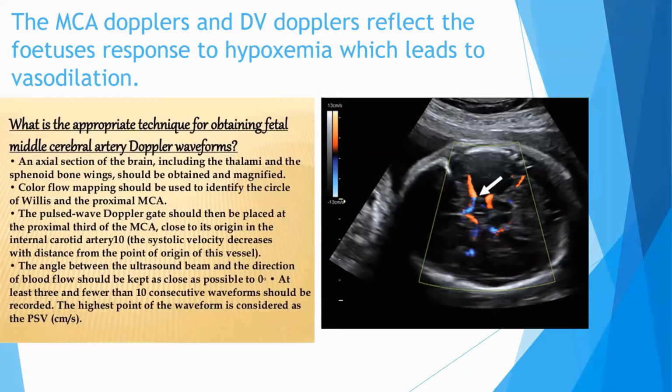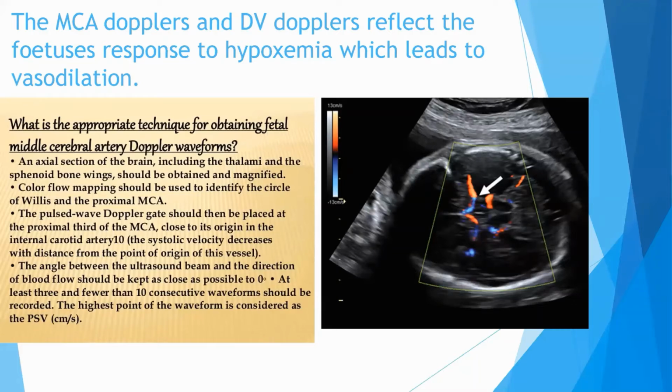Once we've done that, we want to identify the proximal middle cerebral artery. And then we put our pulse wave Doppler gate at the proximal third of the middle cerebral artery, close to its origin, but not at the origin.